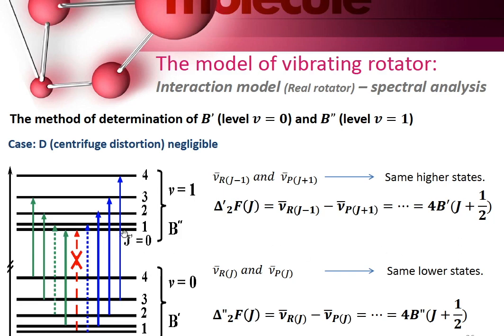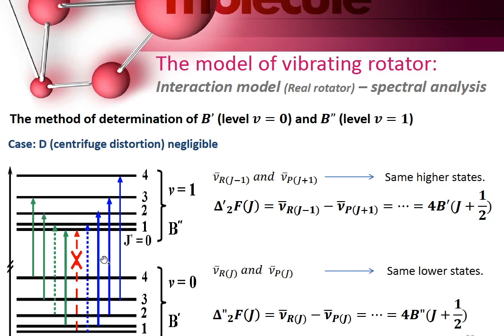And the other way around, if we take two lines that start, in absorption, from the same level. So look at this, there are several ones. You can take this one and this one. They both start from J equal 1, but they end at two different J's. This blue one goes from J equal 1 to J equal 2, and this one goes from J equal 1 to J equal 0, to satisfy delta J minus 1, and here to satisfy delta J equal plus 1.